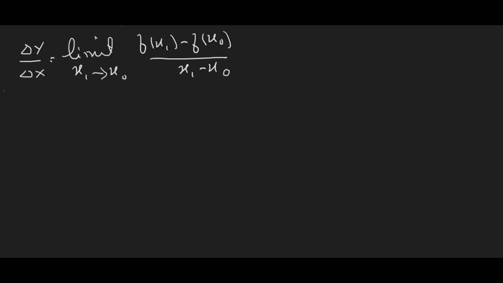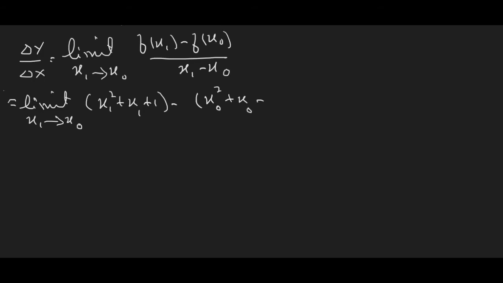Now putting the values, limit x1 approaches x0, x1 square plus x1 plus 1 minus x0 square plus x0 plus 1 whole divided by x1 minus x0.